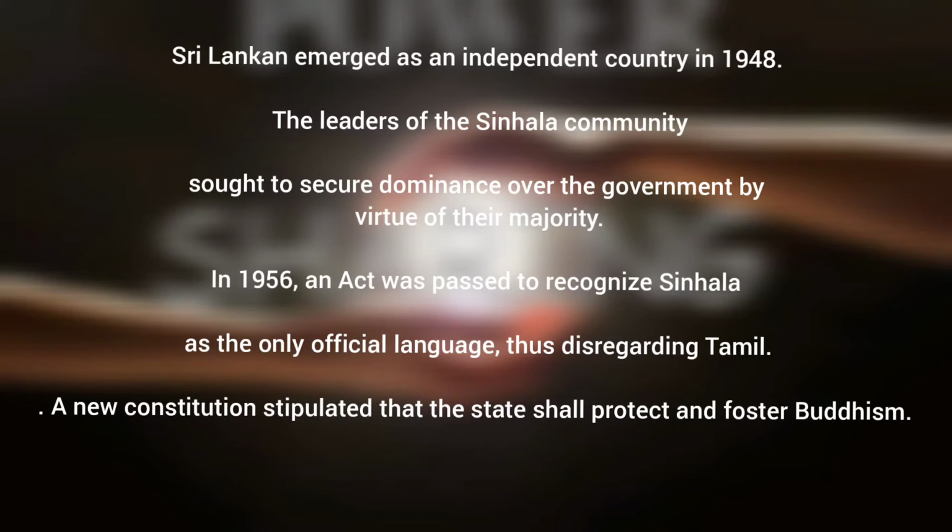The second one: the governments followed preferential policies that favored Sinhala applicants for university positions and government jobs. And the third one: a new constitution stipulated that the state shall protect and foster Buddhism.